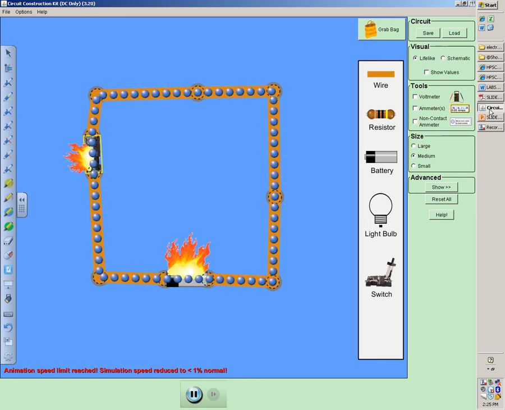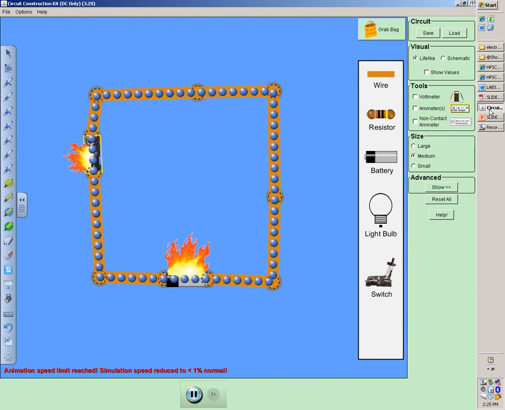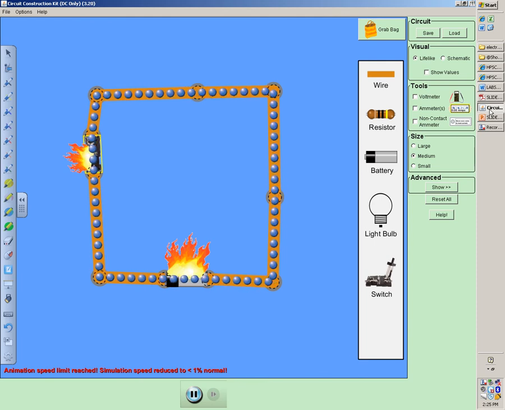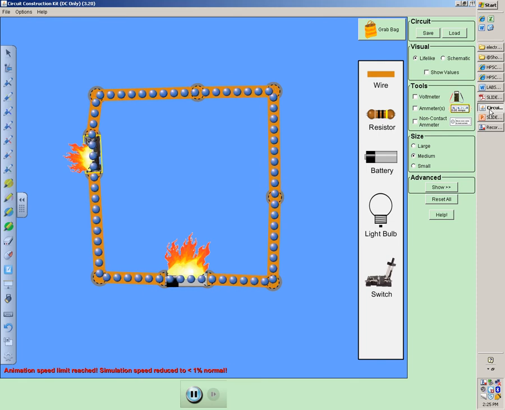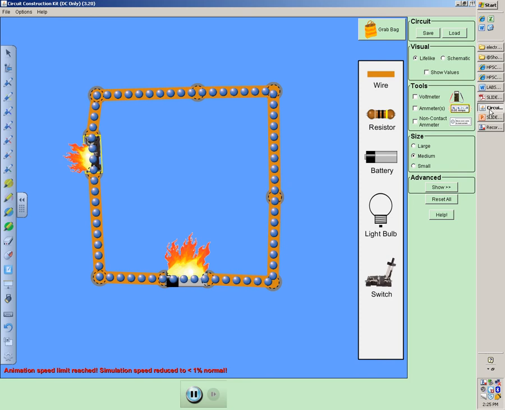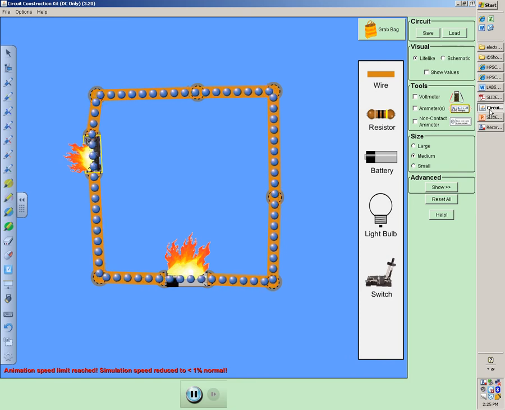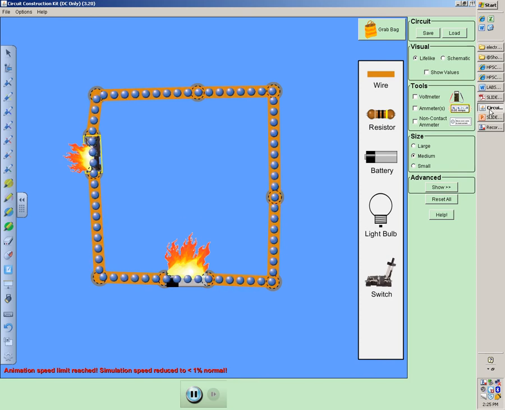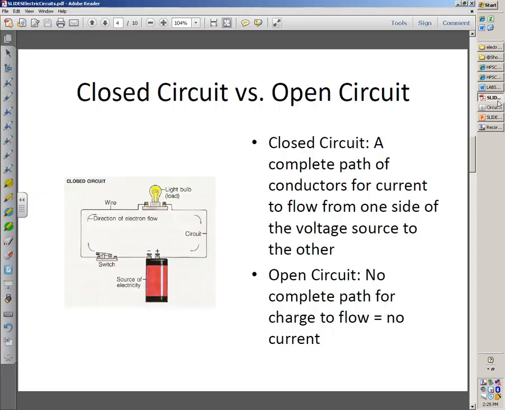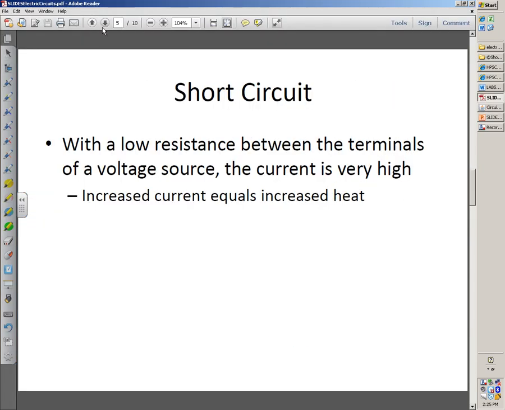And if they get hot, they'll start to melt the plastic that is around the wire itself, right? And if it melts through that plastic, then it might fall through onto paper or wood or something like that. And then what happens? That's where the fire starts, okay? This kind of circuit here we call a short circuit.